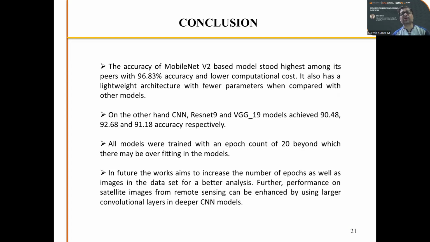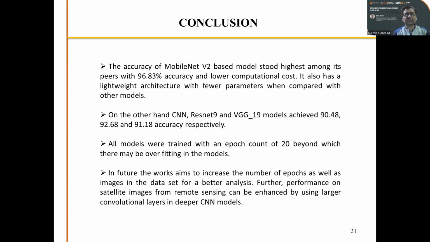That is also important because cost should be less in every case. So the computation cost is very low in the case of MobileNet V2. That's why MobileNet V2 is preferred over the other 3 models for the RSA CB256 dataset. And this MobileNet V2 also has a lightweight architecture with fewer parameters. So parameters are also very few when compared to the other 3 models.